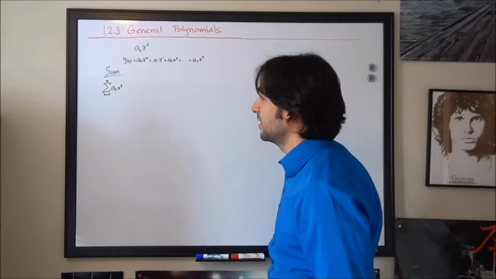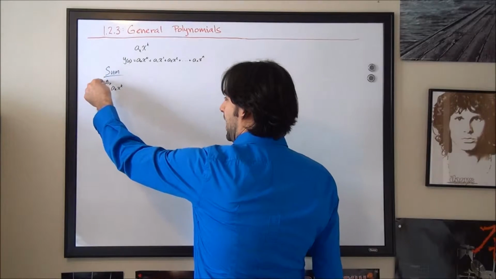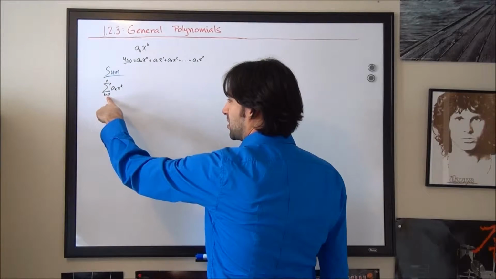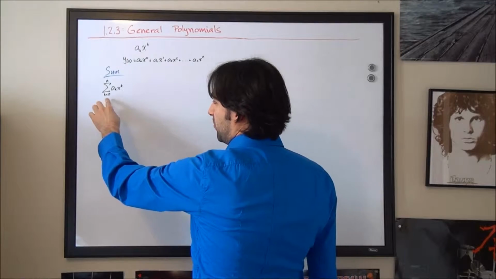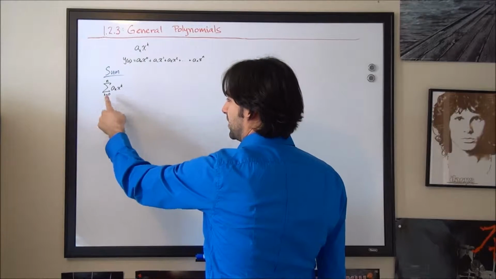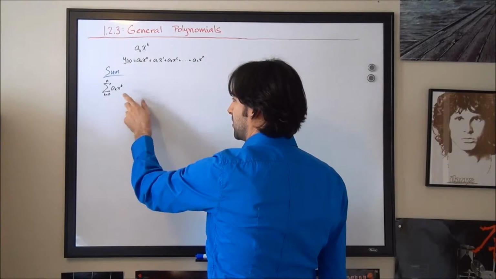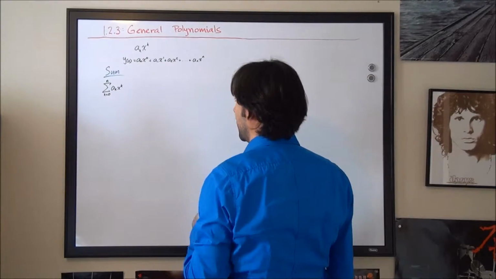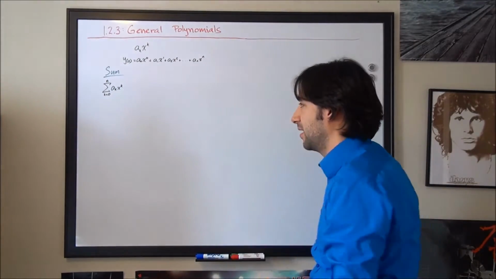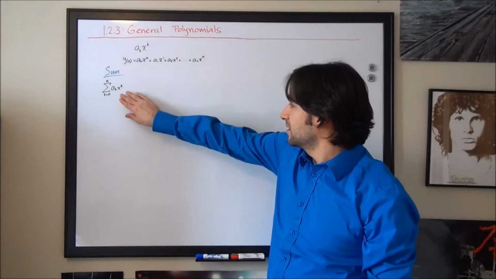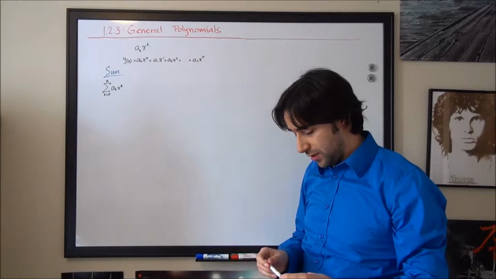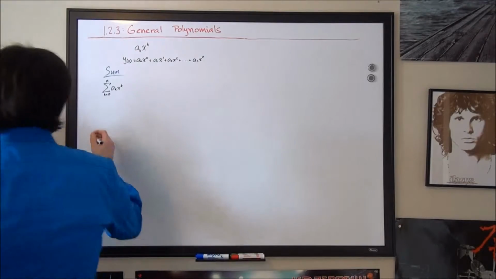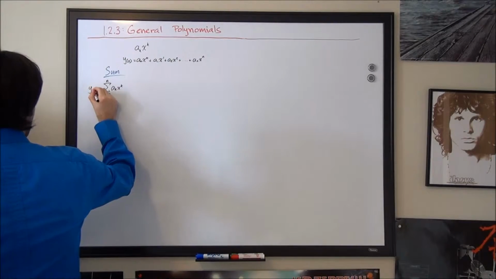So this means that there will be n plus 1 terms, because we're starting with k equals 0, where each term will be k equals 0, plus k equals 1, plus k equals 2, etc., up until k equals n, just like we have written there. In other words, this is just a more condensed way of writing that. Not really all that special. And to make it a polynomial function, we could write that y as a function of x is equal to that.